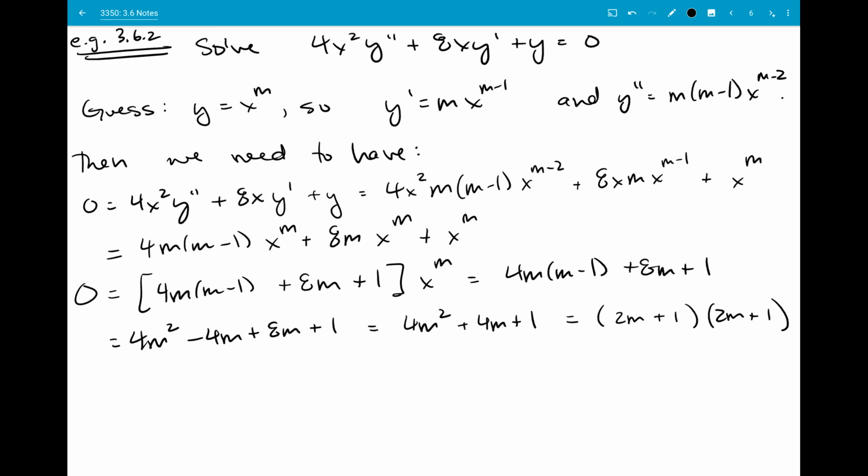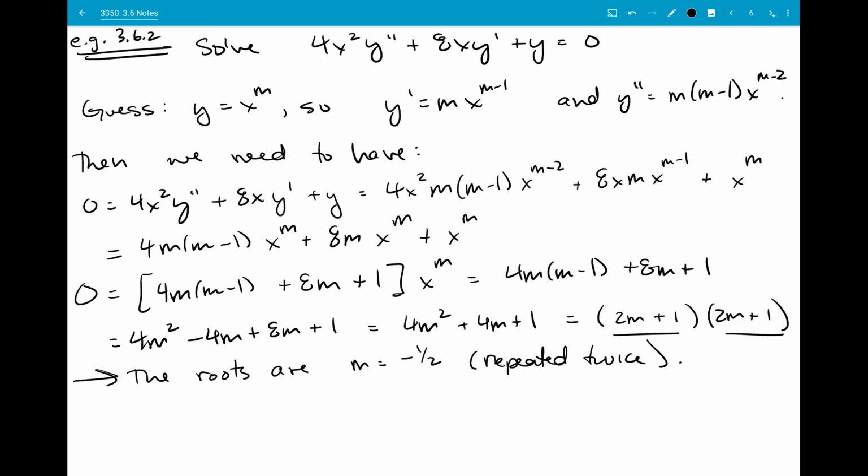And this will turn into 2m times 2m gives you 4m squared, 2m times 1 twice gives you the 4m, and 1 times 1 gives you plus 1. So that is how we factor this problem. So the roots are m equal to minus a half, repeated, since they're the same roots right there.